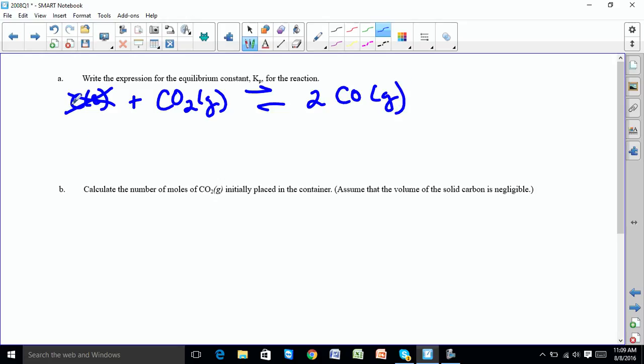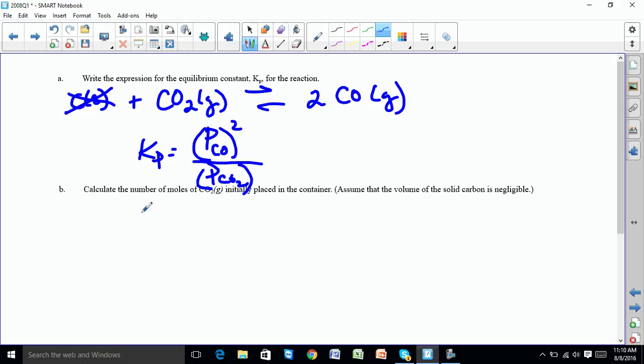I can see it's balanced: one carbon, 2 carbons, and then no oxygen, 2 oxygen, 2 oxygen. And they want Kp, so that means we're supposed to use pressures, not concentrations. So it's the pressure of the carbon monoxide gas squared over the pressure of the carbon dioxide gas. And this is an implied one. You don't have to put it there.